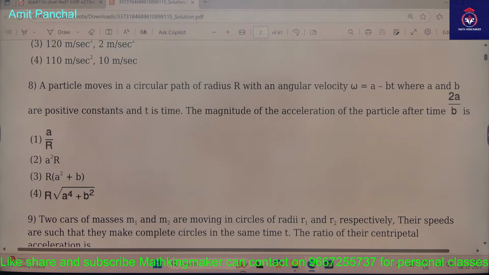You need to find the magnitude of the acceleration of the particle after time 2a by b. Just try to do it. Try it on your own. If you're not able to do it, we'll do it together.